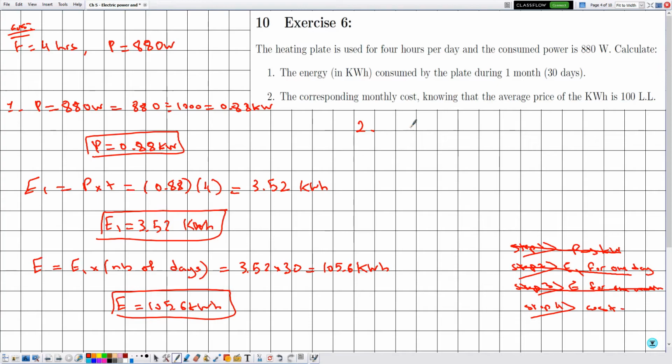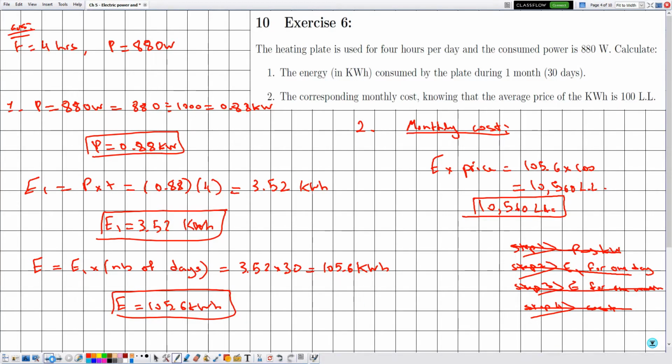So the cost is simply E times the price, which is equal to 105.6 multiplied by 100, which is equal to 10,560 Lebanese liras. So this is the cost in this case, and we are done with step number 4.